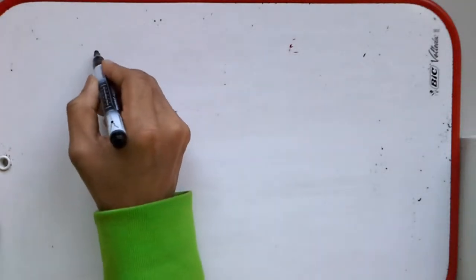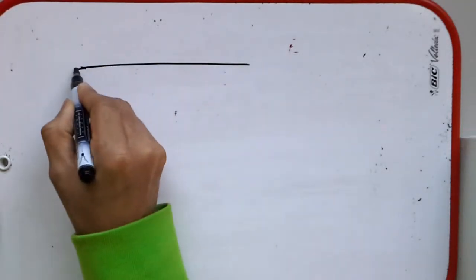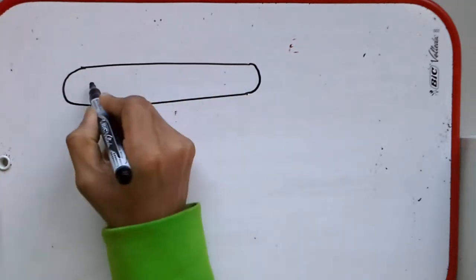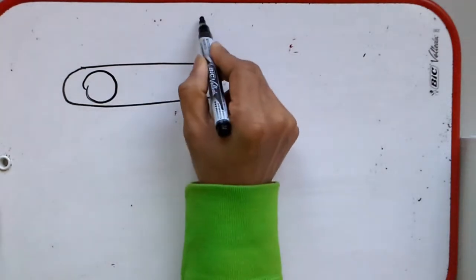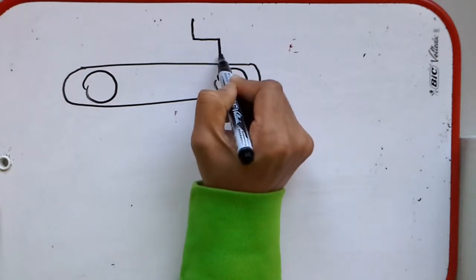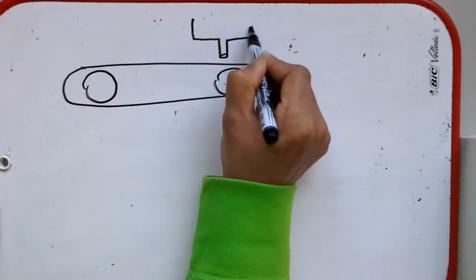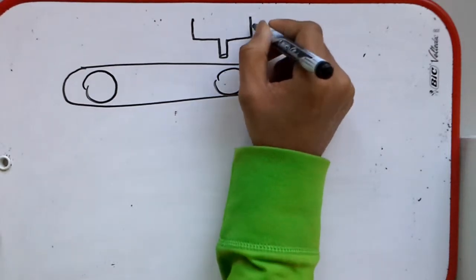So this time you have a conveyor belt. You have a belt. And here you have a kind of system which delivers, for example, sugar.